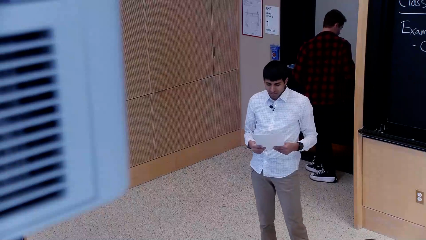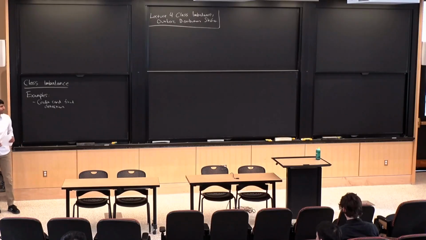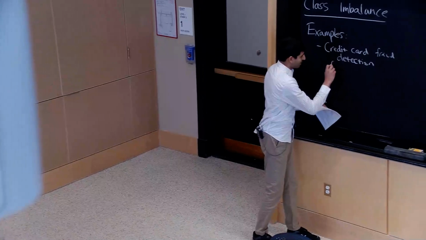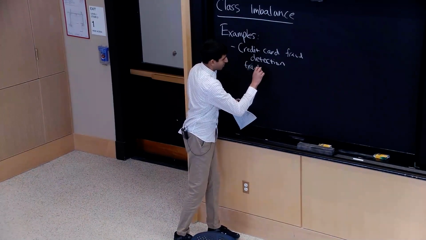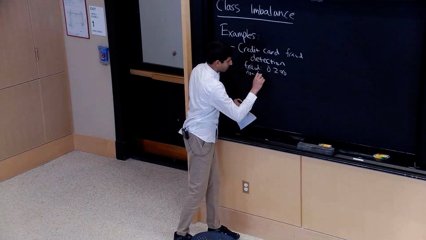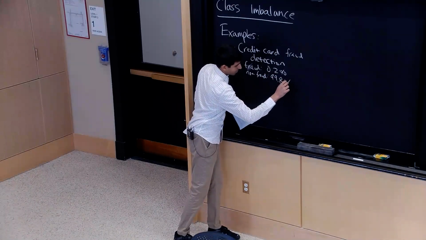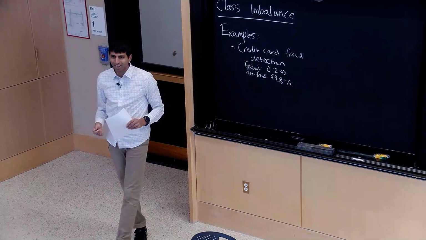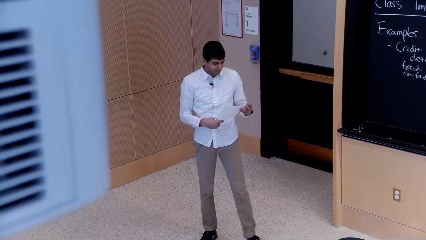But among all these transactions, fraud only makes up like 0.2% of the overall transactions. So the distribution looks like this. Fraud 0.2%, not fraud 99.8%. That's just what the transactions are like.